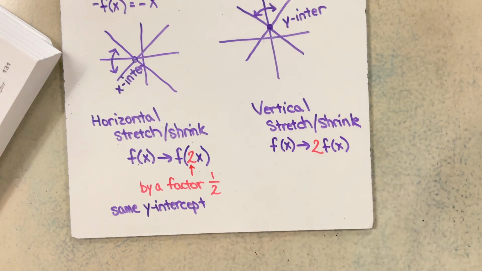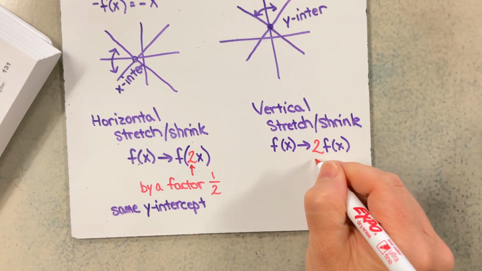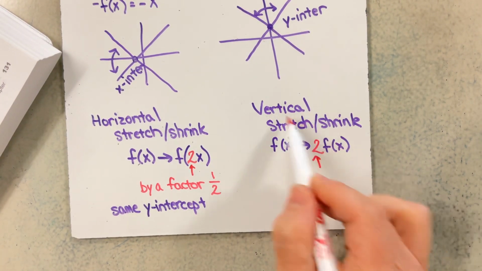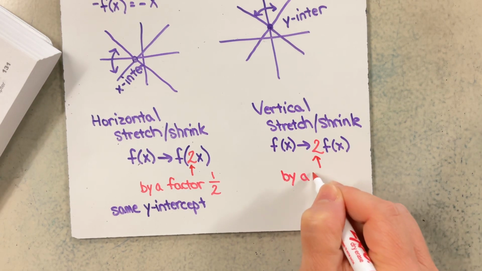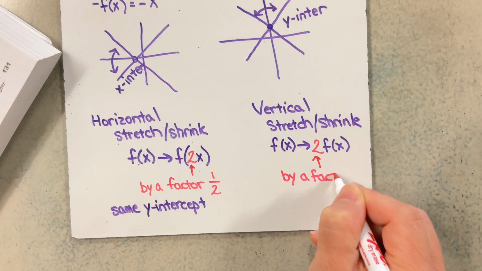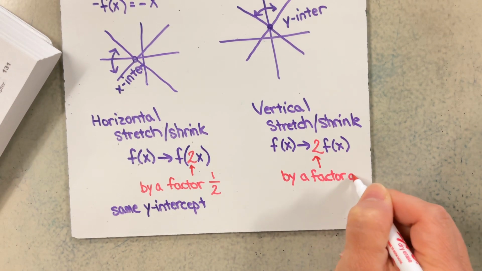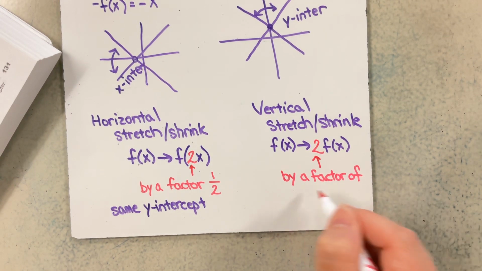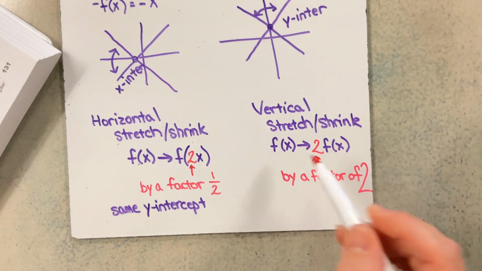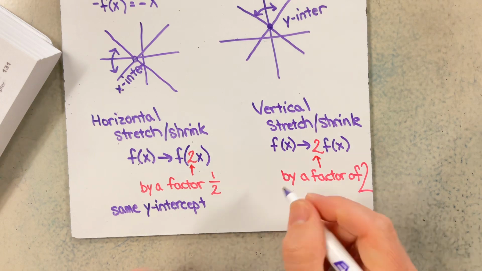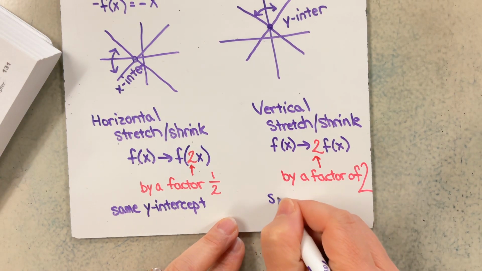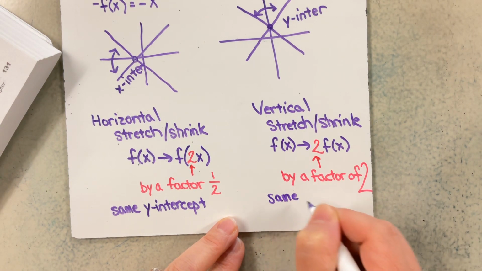This tells me that I am vertically stretching or shrinking by a factor of 2 this time, okay? Not the reciprocal, but exactly what it says, okay? This one is going to have the same x-intercept.